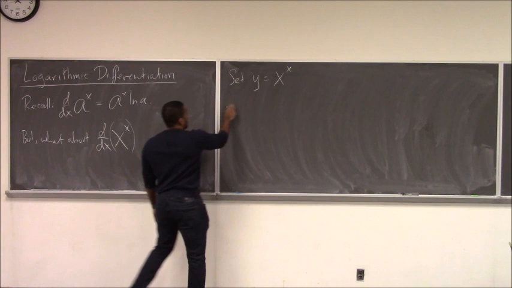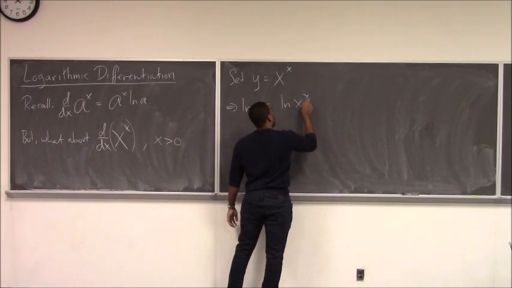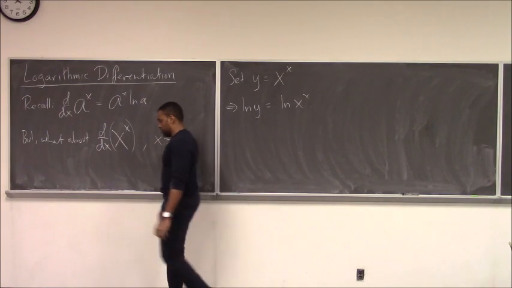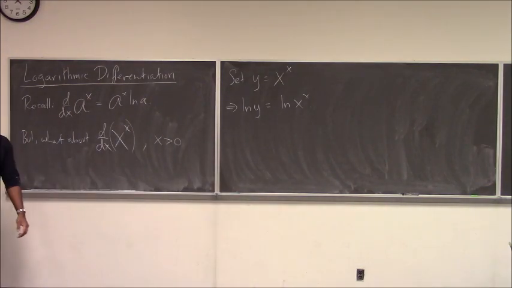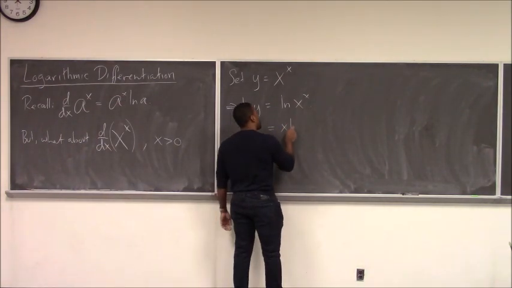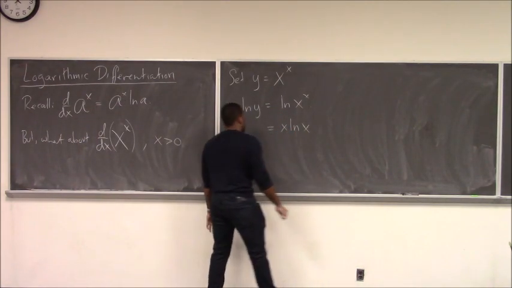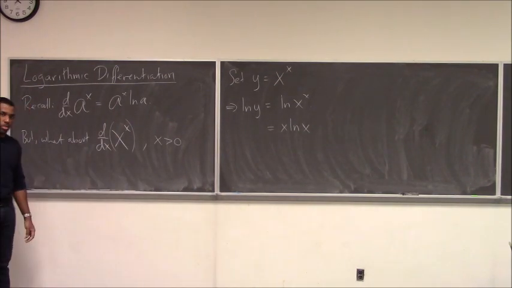And I'm going to log both sides. Now what does that allow me to do? Bring the x down. So the fact that there was a variable in the power was an issue here, but by throwing a log into the mix, powers aren't an issue anymore. Powers now become products.